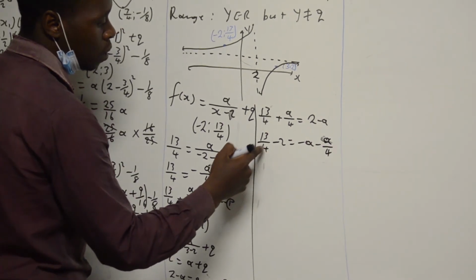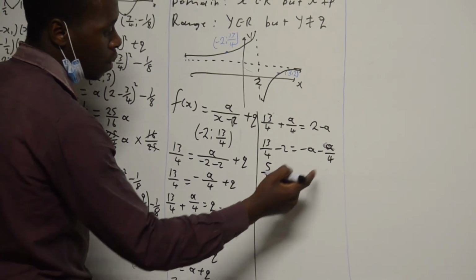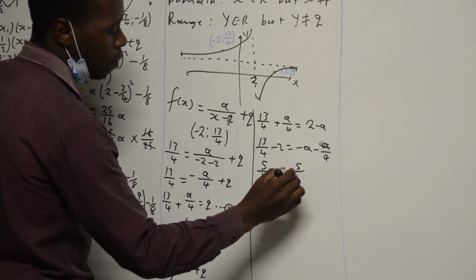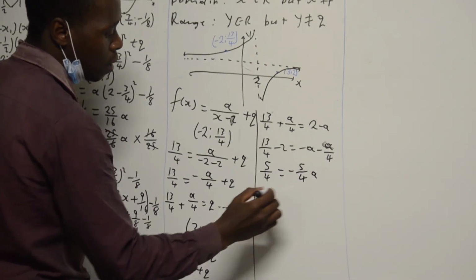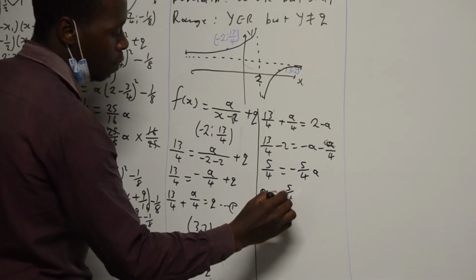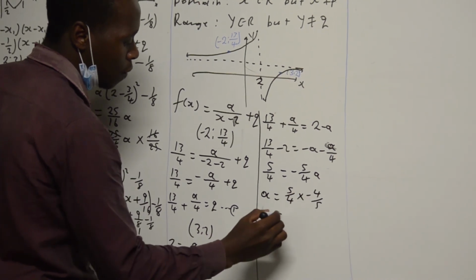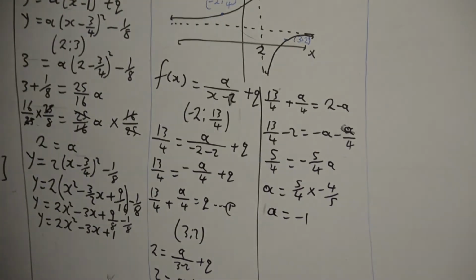So this will be 5/4 equals -5/4 A. Then you multiply: your A becomes 5/4 times -4/5, which is -1.